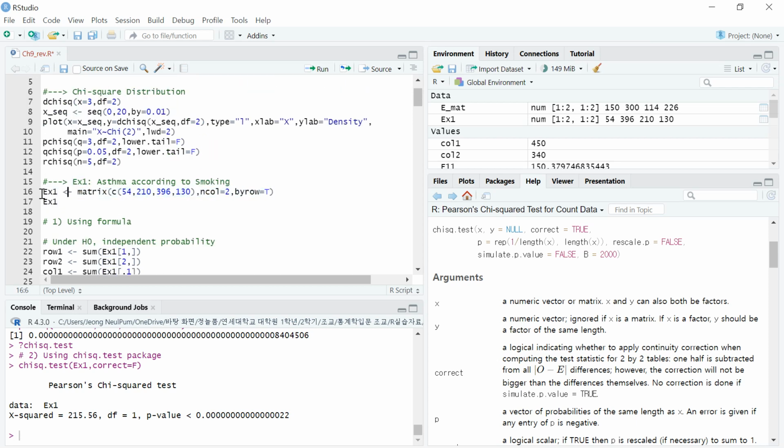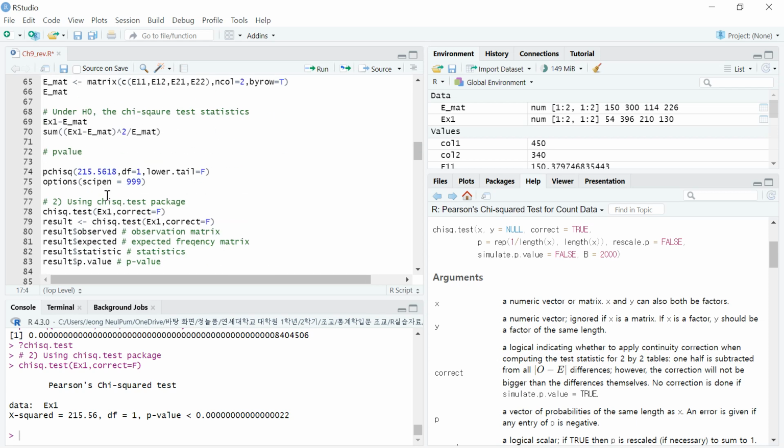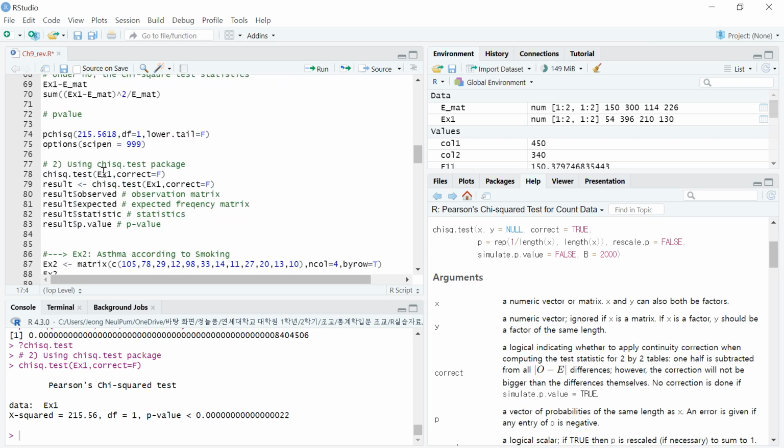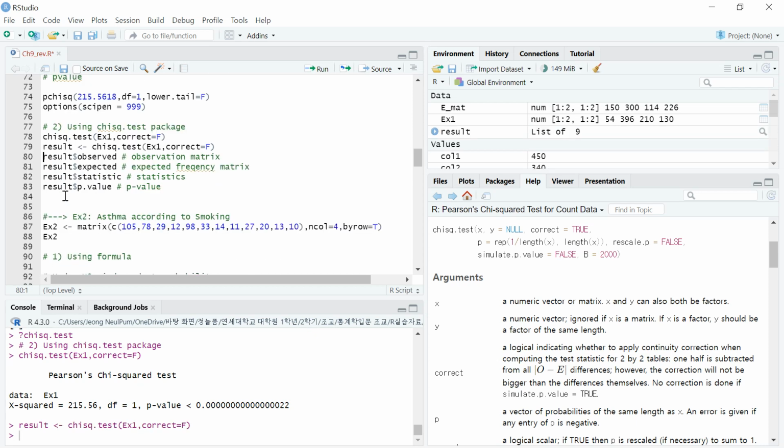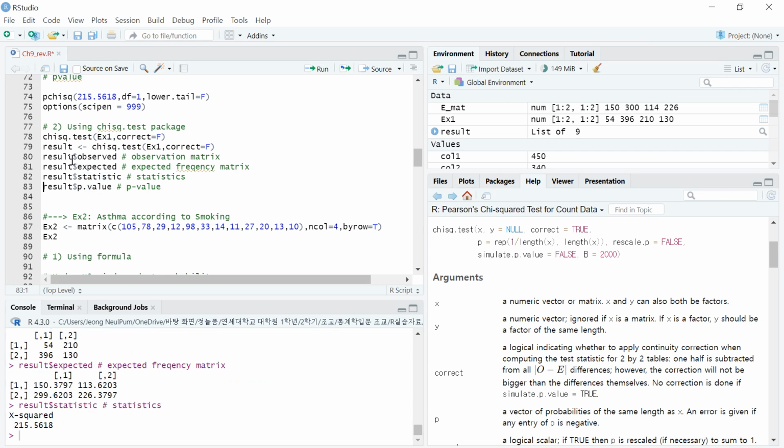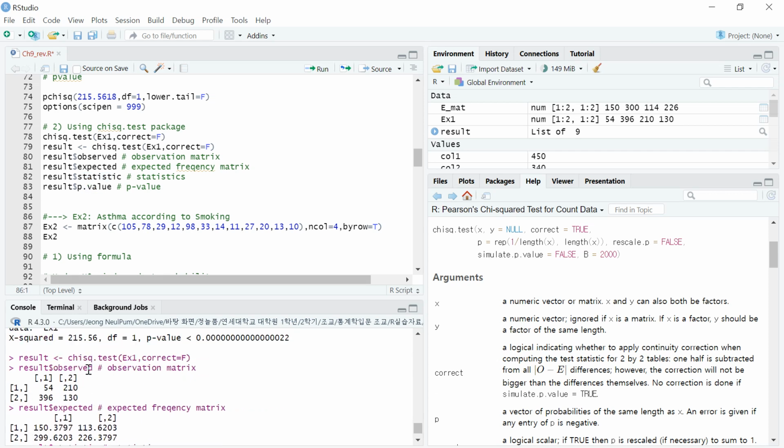This is just a sample in our example number 1, and the only thing we have to do is put ex1 in this function. Then if you want to see each of observed, expected, statistic, or p-value, you can run each code here.